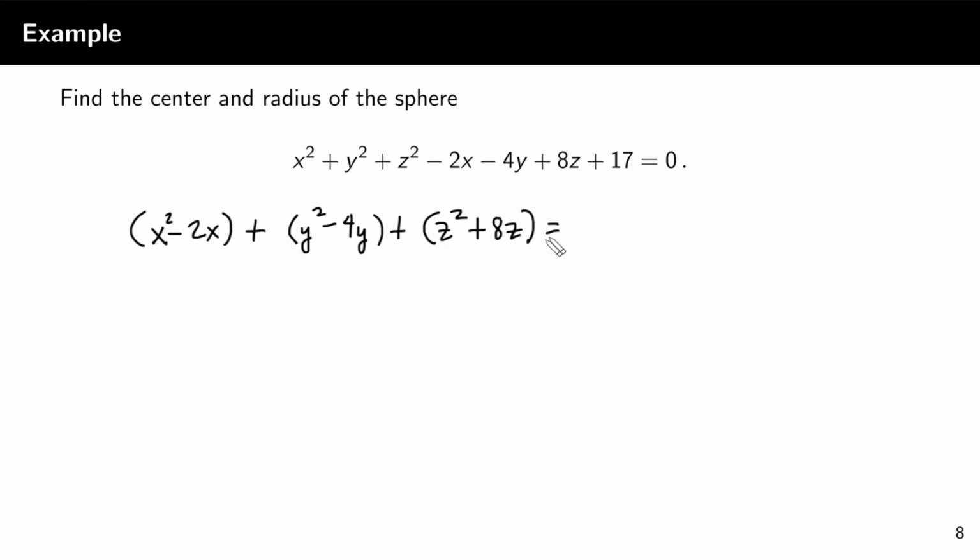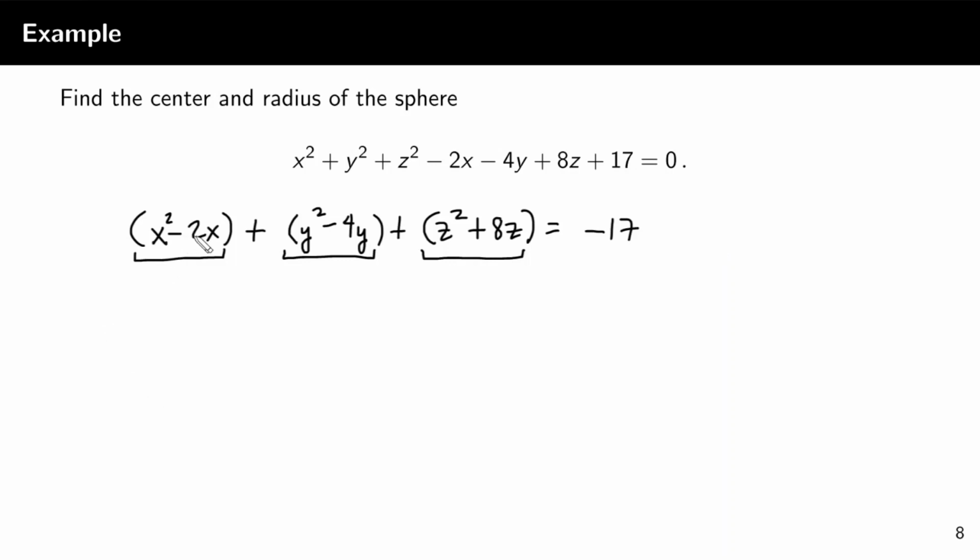And then the constant, we transpose to the right. It becomes negative 17. Next, we will do completing the square on each of these three groups of terms. In that process, we add a constant. Whatever constant we add on the left, we must also add on the right.